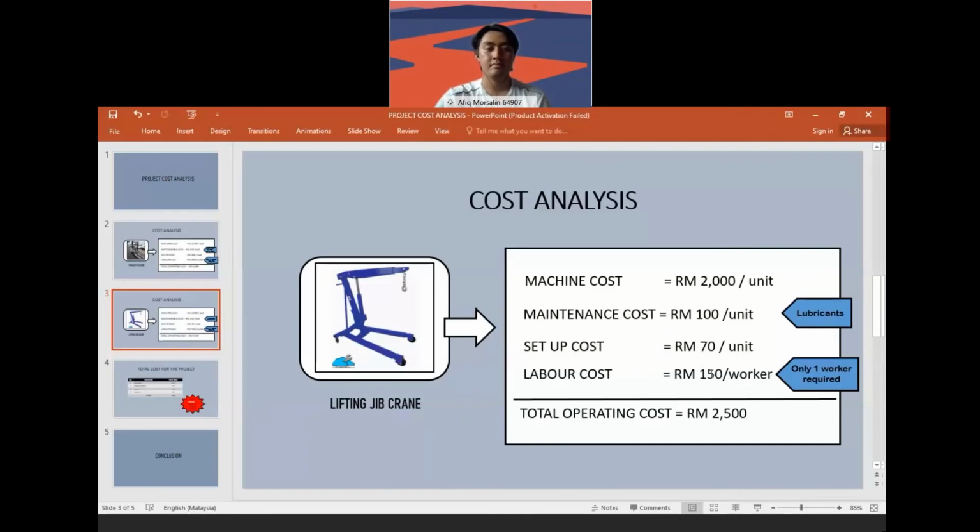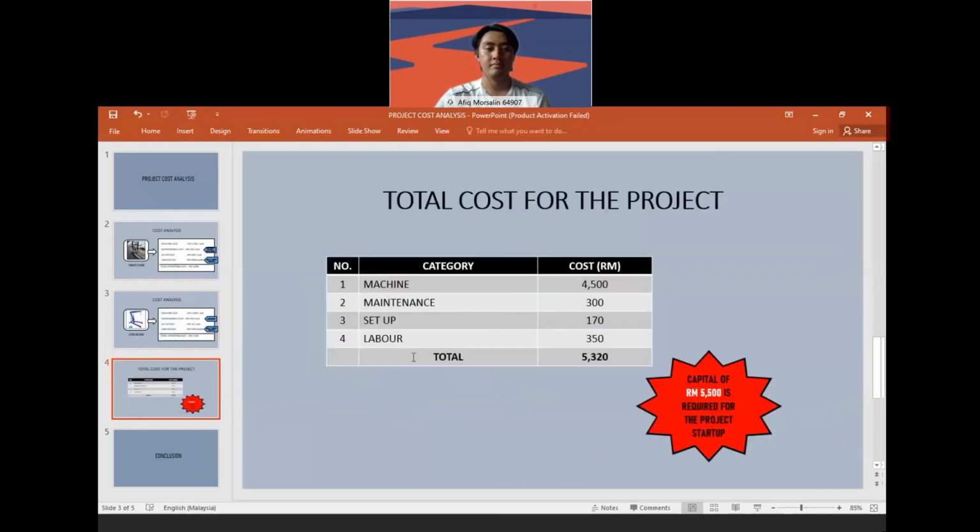The labor cost is estimated around 150 ringgit, and only one worker is required for the lifting jeep crane. The total operating cost would be around 2,500. And this is the general cost for the project. The total cost would be around 5,320 ringgit, and the capital of 5,500 ringgit is required for the project startup. So this is the capital for the project startup.